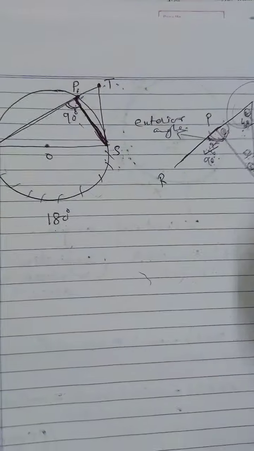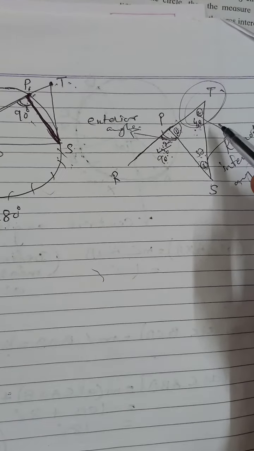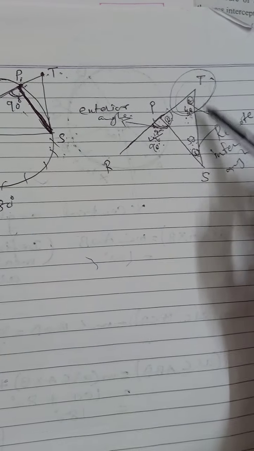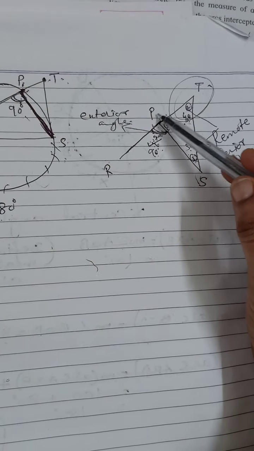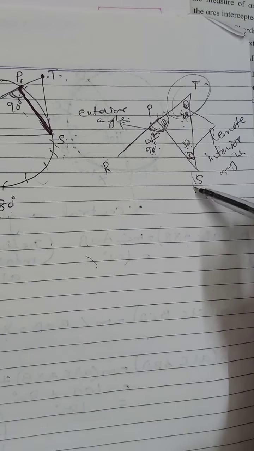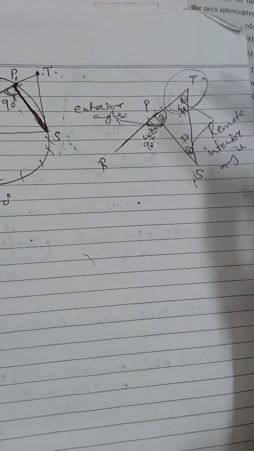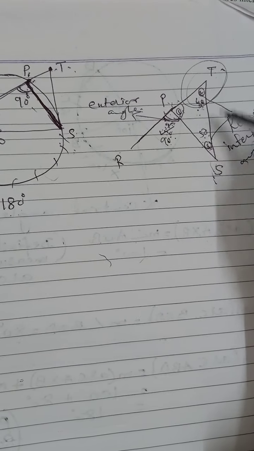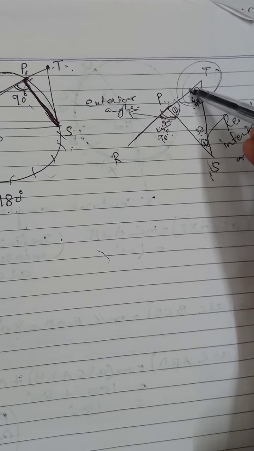Now we will see the statement here. Which triangle have we taken here? Triangle PTS. For triangle PTS, angle RPS is an exterior angle, and angle PTS is an interior angle.